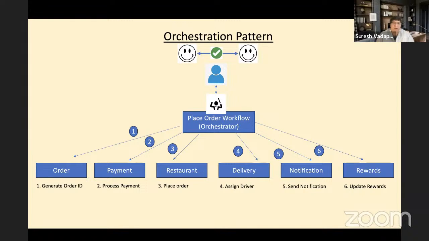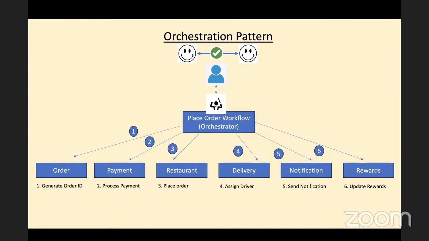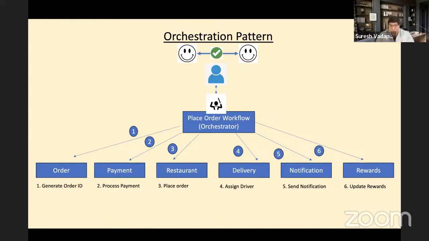If it is for $50, something that they ordered, I created an order ID and then I also process the payment. Then I go to the restaurant service to place an order, because whatever restaurant they pick and whatever item they ordered, I created an order for them. I processed the payment, and then I placed an order with the restaurant. Once the restaurant confirms the order, I assign a driver saying, hey, you are the one who needs to pick up this order and deliver it to the customer.